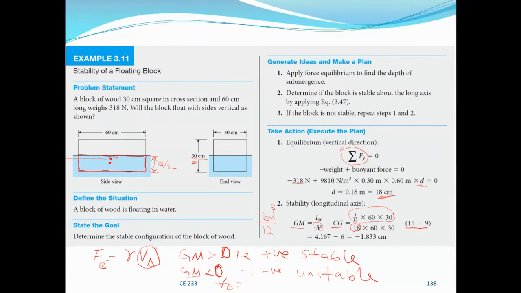This is G, the center of gravity, at 15, and this is C, the center of buoyancy, at a distance D over 2, which is 9. So from here to here is 15. What will be the distance from C to G now? It is going to be 15 minus 9. So that's why we have 15 minus 9.